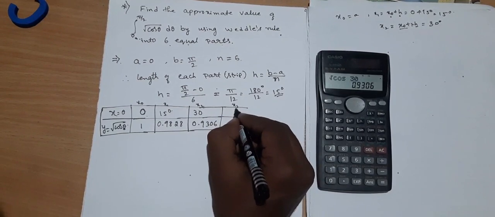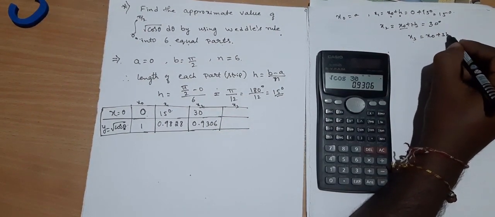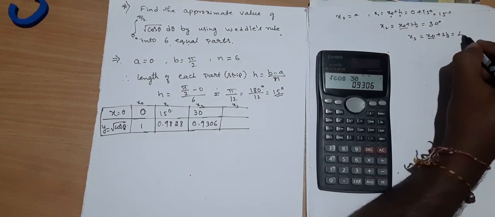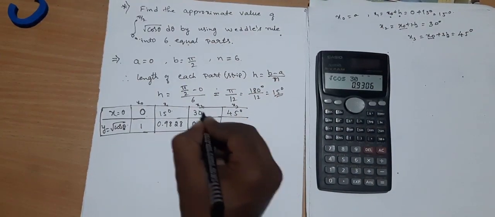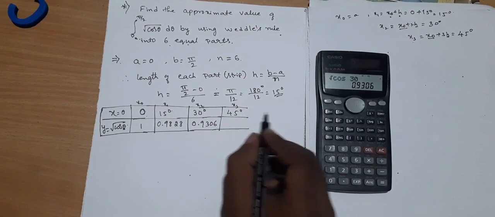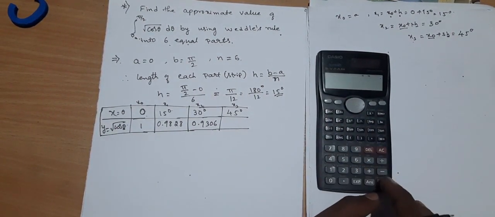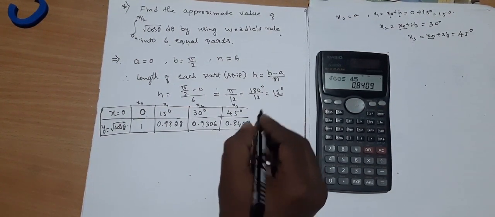And x3 equals x naught plus 3 times h. X naught is 0, h value is 15, so we'll get 45 degrees. Instead of 30, I will substitute 45 degrees. So what do you get? 0.8409.